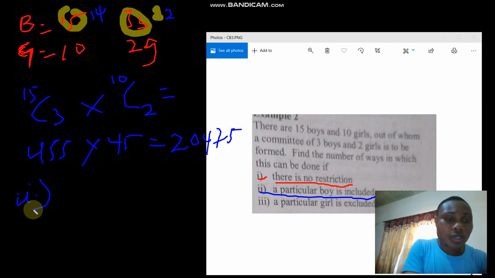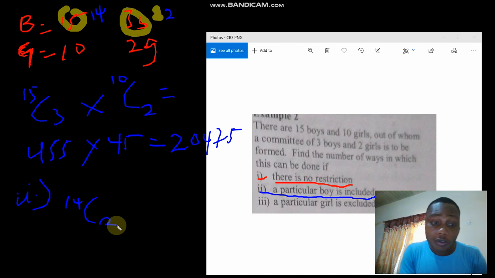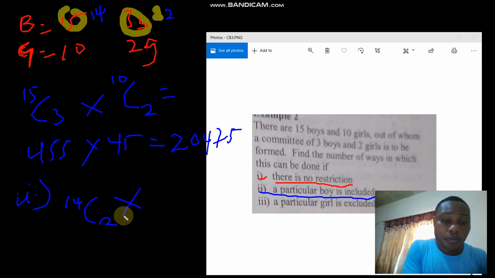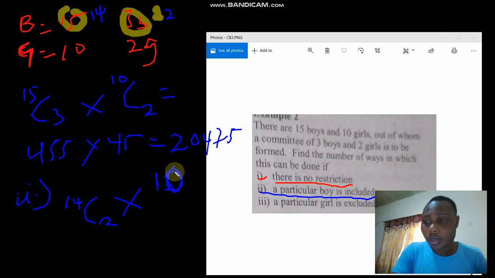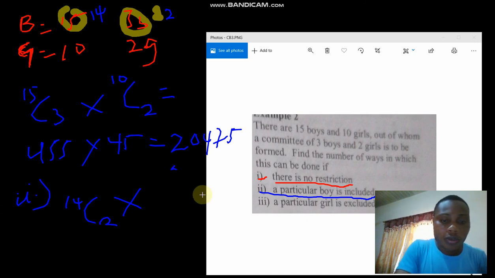So the number of ways to select the boys now is 14 combination 2, because 1 is already out. Then we multiply by the number of ways of selecting the girls. Sorry, this is supposed to be 10, so we have 10 combination 2.